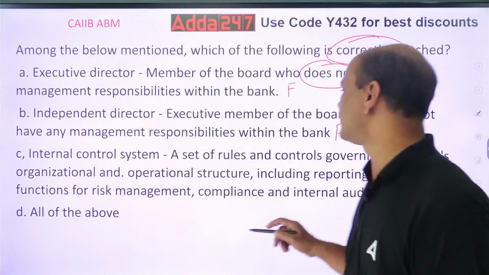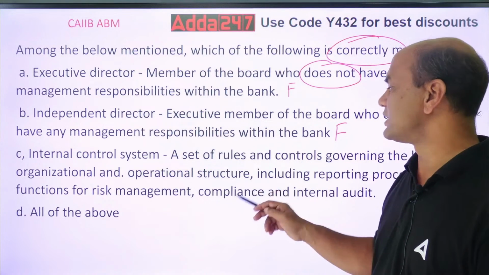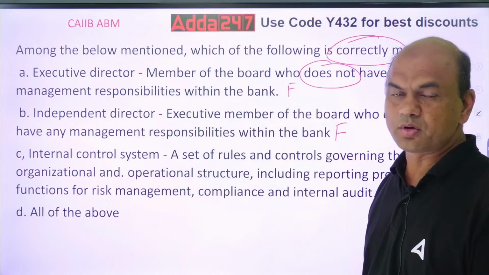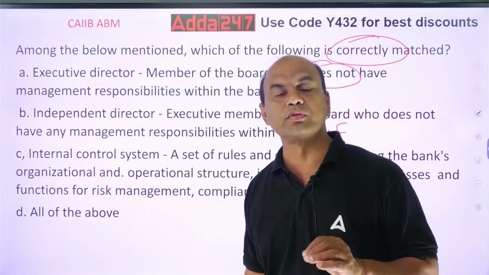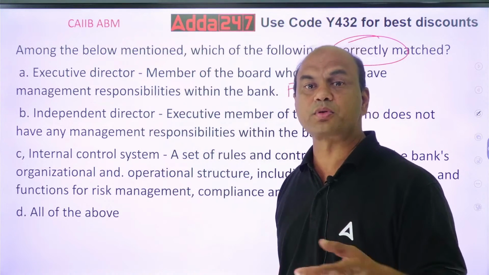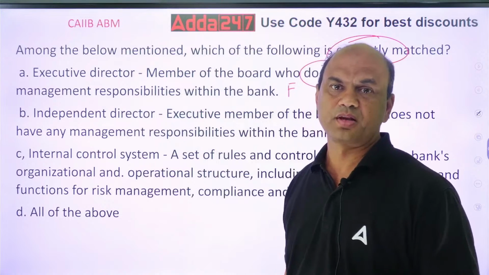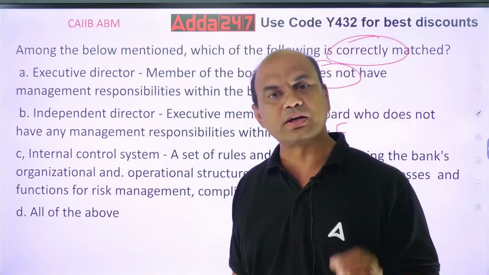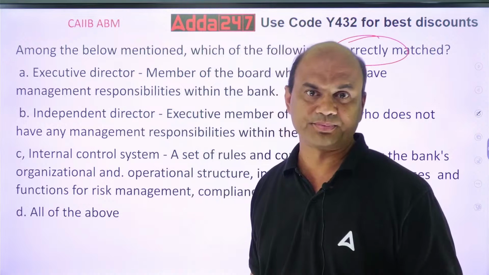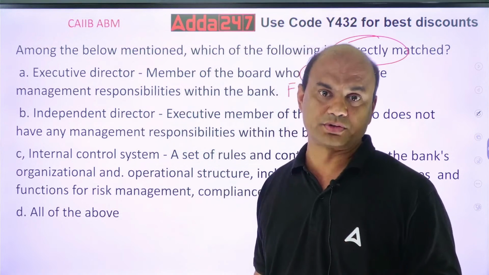So internal control means having a set of rules and controls governing the bank's organizational and operational structure. Again, operations. Here you have to see to it that the compliance process is followed by the staff also. The staff needs to be well educated and trained about this. Otherwise, having the compliance only on paper is of zero use.